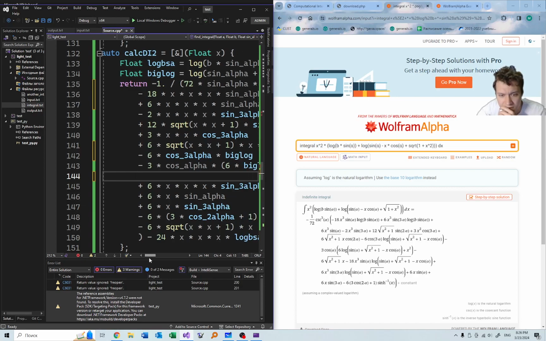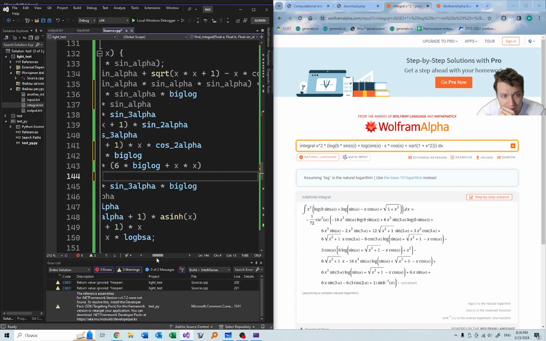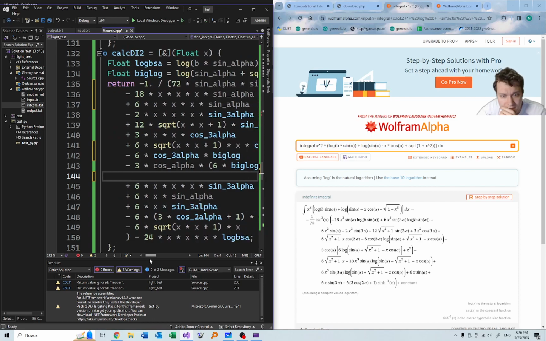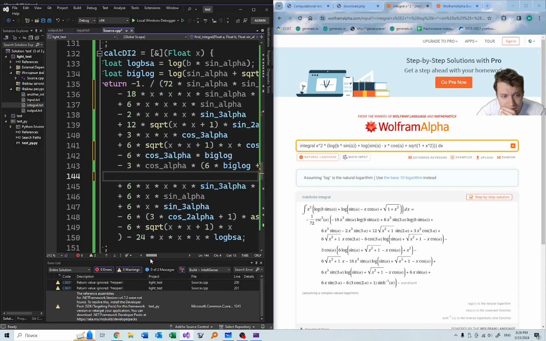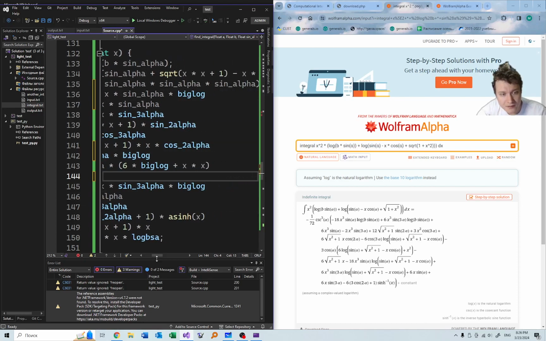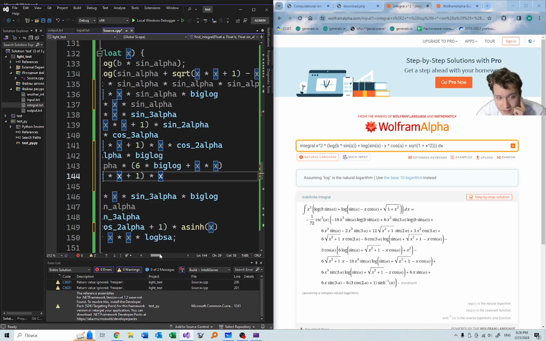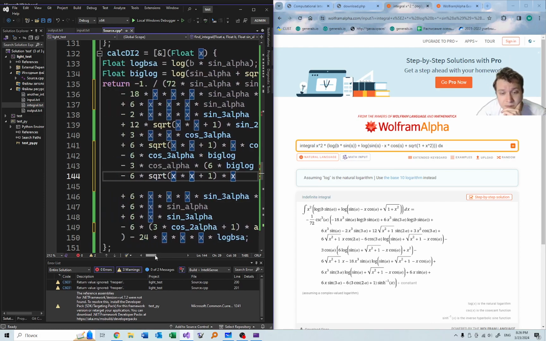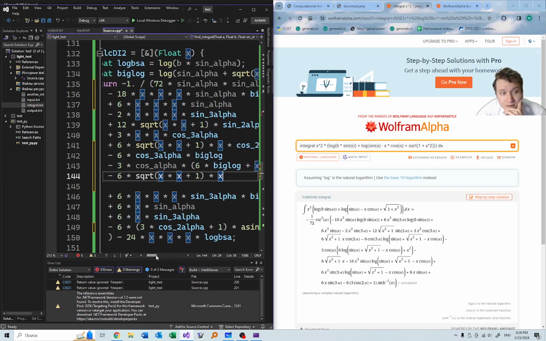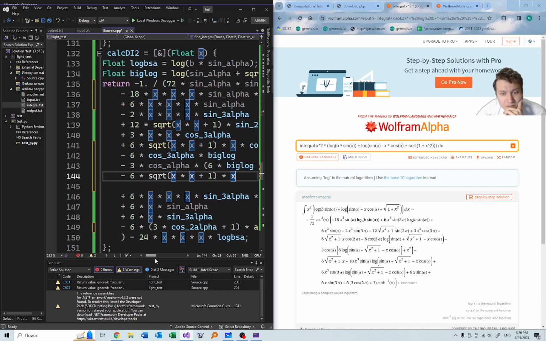Where did it disappear? Minus 6. Here it is. I have it. Minus 6 x squared plus 1 square root x. Okay.